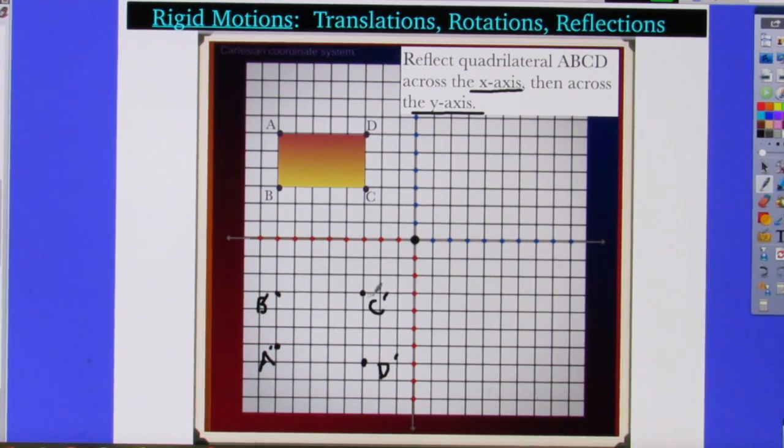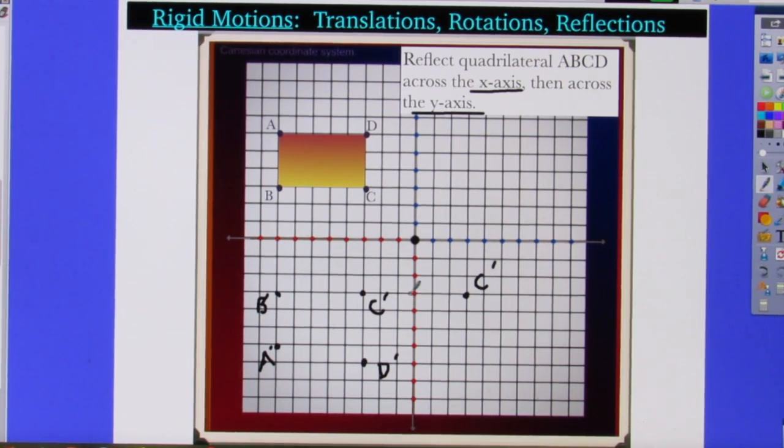You don't necessarily have to connect all the dots, I just have to reflect each one of these vertices now over here. Then I'll draw my picture. So let's do that. I'm reflecting across the y-axis this time as instructed. The C is 3 to the left of the y-axis, so the new C will be over here. Our final C prime, I should say.